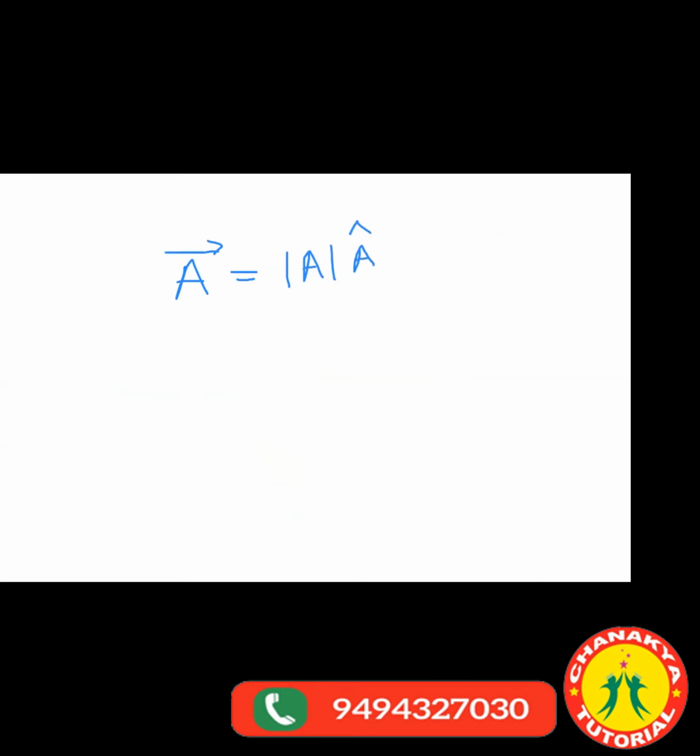What is A cap? A cap is a unit vector whose magnitude is 1. Understood? So if I want to write vector B, how am I going to write it? Magnitude of B into direction of B.